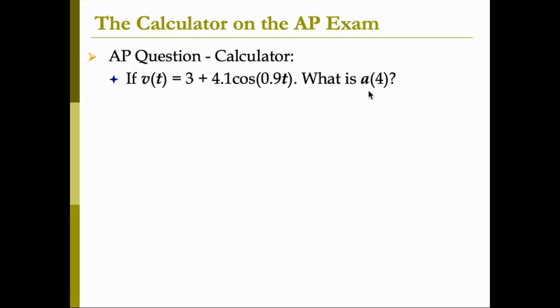V is velocity. A is acceleration. If you guys remember, a is acceleration. What's the relationship between velocity and acceleration? And everyone should say acceleration is the derivative of velocity, right? It's the derivative of velocity.